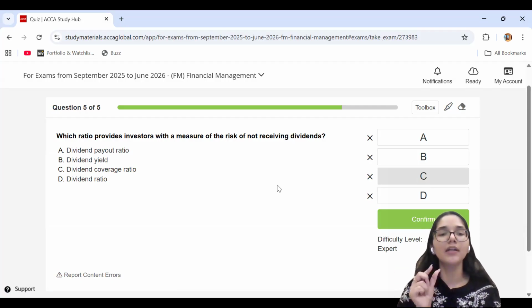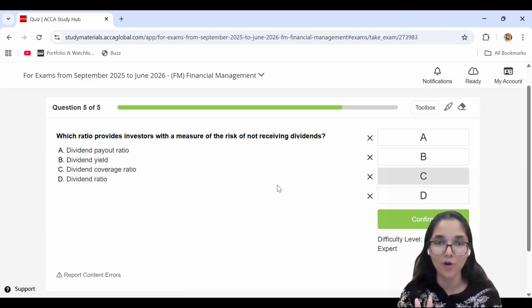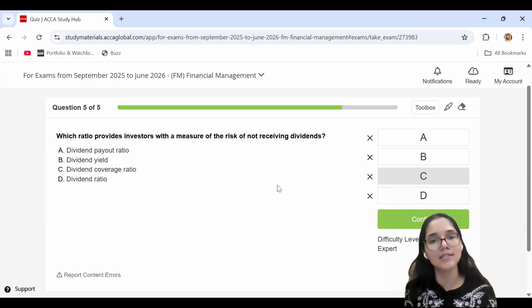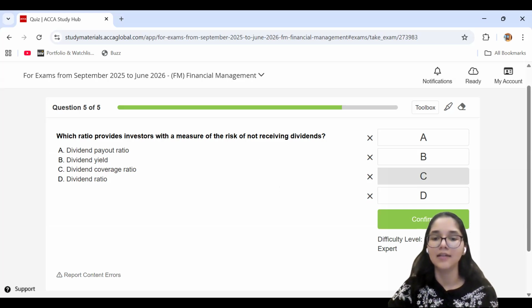So if the dividend coverage ratio is lesser than 1, that would mean that the company has declared the dividend for sure, but they do not have enough profit to pay that dividend. So here I will be facing a risk of not receiving the dividend that the company has promised to me. So it is the dividend coverage ratio which will measure for the investors the risk of not receiving the dividends.